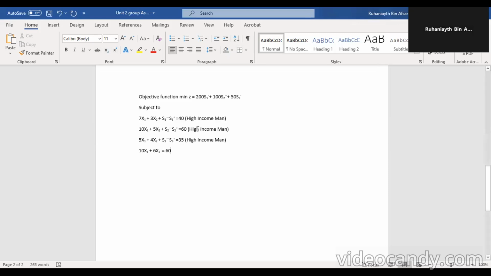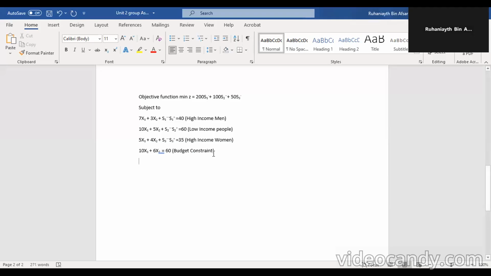So the second constraint is low income people, the third is high income women, and this last constraint is the budget constraint.